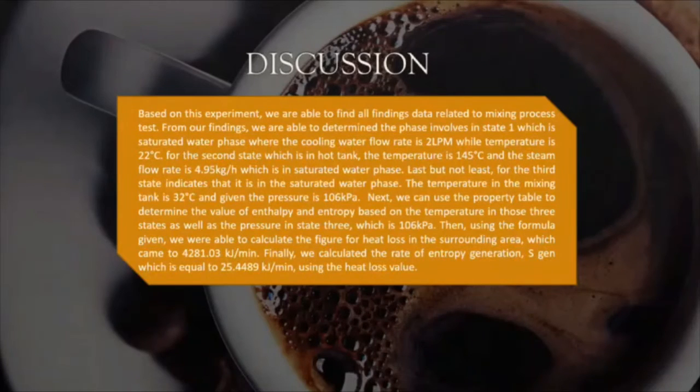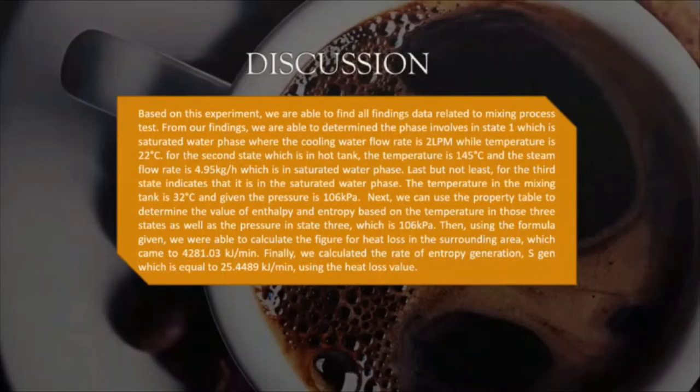For the second state, which is in hot tank, the temperature is 145 degrees Celsius and the steam flow rate is 4.95 kg per hour, which is in saturated water phase. Last but not least, the third state is in the saturated water phase. The temperature in the mixing tank is 32 degrees Celsius and given the pressure is 106 kPa.